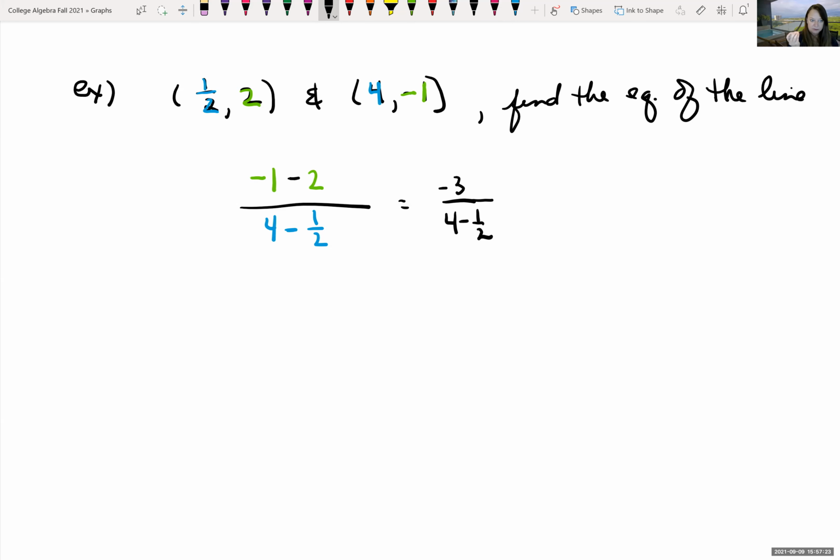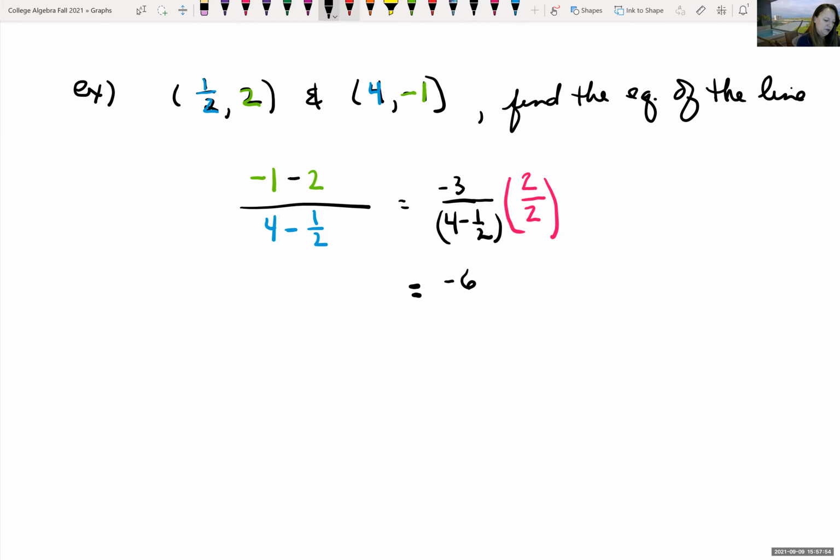So one way to simplify a complex fraction, which means a fraction within a fraction, is to multiply by the LCD of all the fractions within that big fraction. Well, the LCD is 2. And so I'm going to make a fancy one using that LCD. Multiplying -3 by 2, we get back -6.